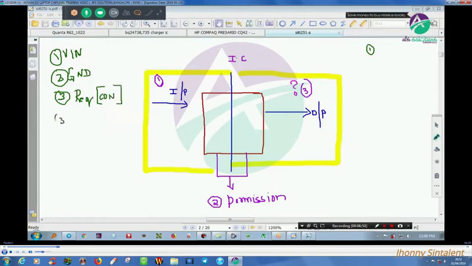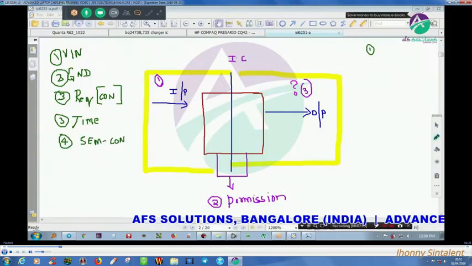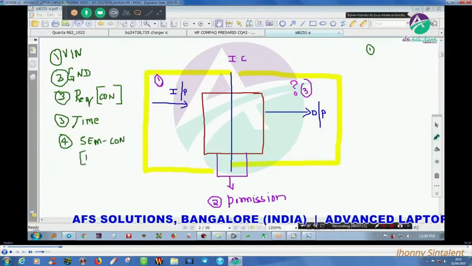I need time, I need a semiconductor circuit, that is my DC circuit.